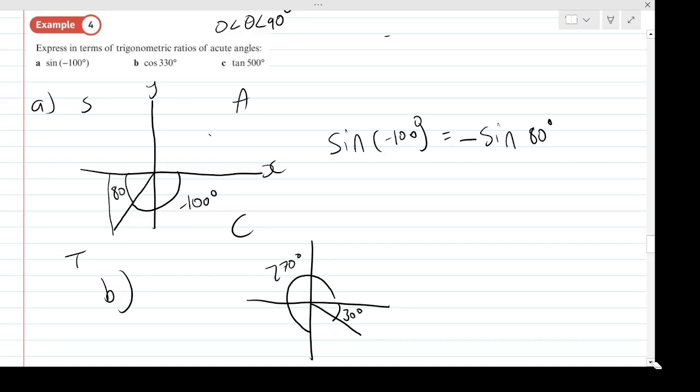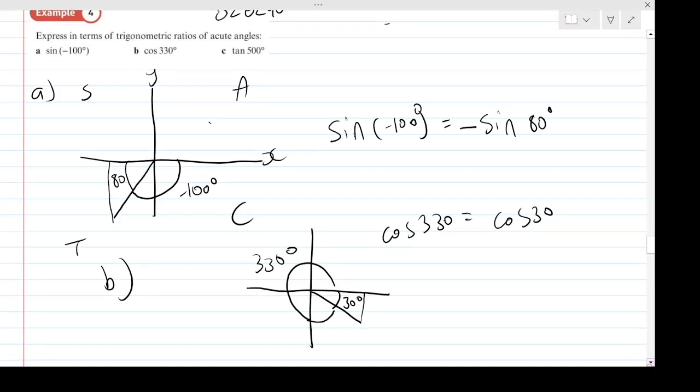So if this whole angle is 330, we get the equivalent angle 30 with this triangle here. That means we can say that cos of 330 is equivalent to cos of 30, but we need to consider if it's plus or minus. This is where the CAST part comes into play.